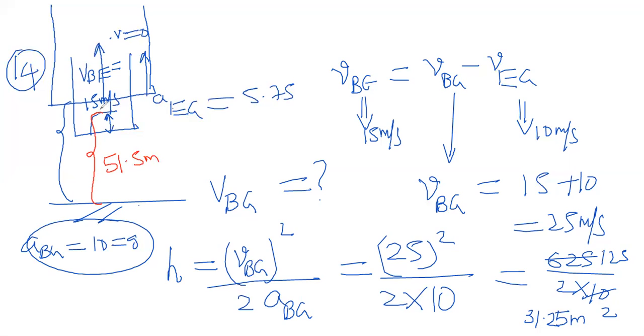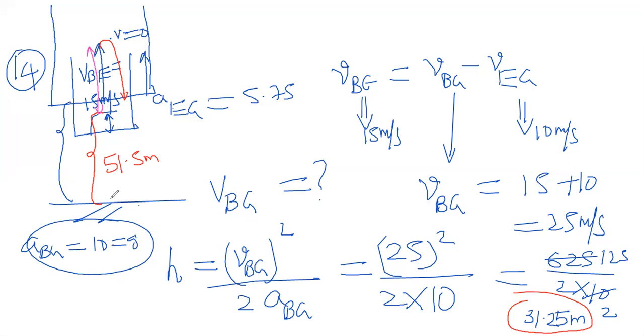Is it or not? From the 51.5 meters it has gone up and fallen down to the floor of the elevator. Then we got this 31.25 as H max. See the pink diagram I'm drawing. This pink thing is H max. Is it clear?